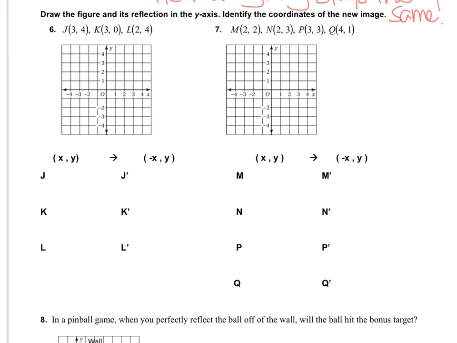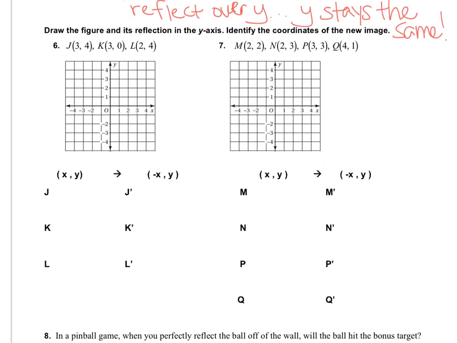Number 6 says we have J, K, L. Let's write the coordinates for those. J is (3, 4). K is (3, 0). L is (2, 4). So let's graph those. We go over to the right 3 and up 4. Put a dot there.